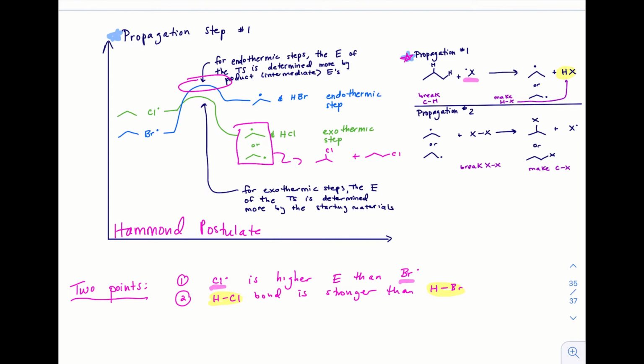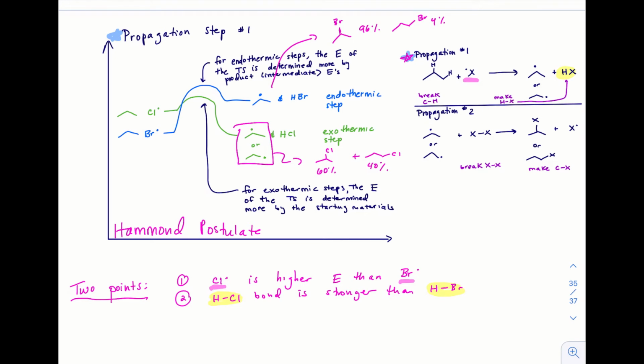The more stable radical is formed, and so the product resulting from the more stable radical is the major product. So for example, in bromination, about 96% of the product mixture is the secondary bromide and 4% is the primary. For chlorination, it's more of a 60-40 mixture.